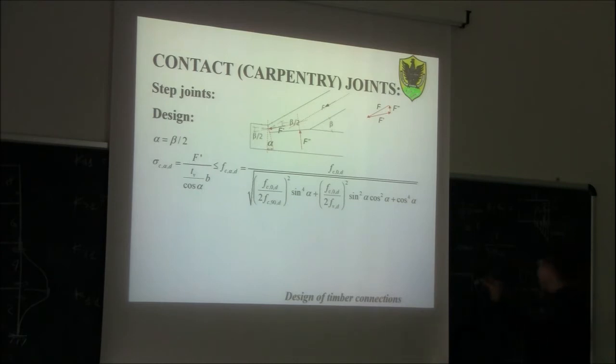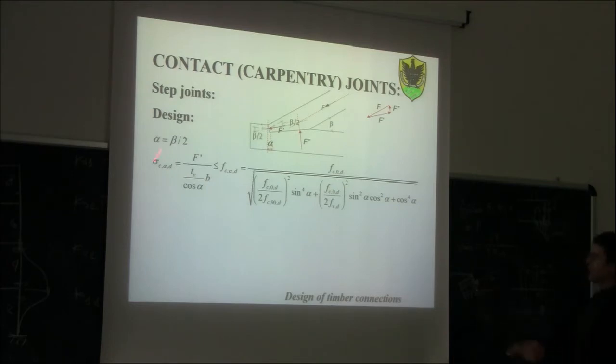So for the equilibrium here, you will have a distribution of uniform stresses, which are called sigma C alpha D. Those stresses are calculated basically by dividing the force F prime by the area of this notch.